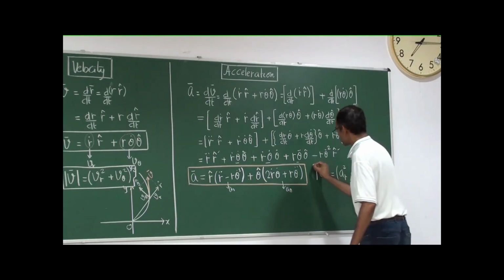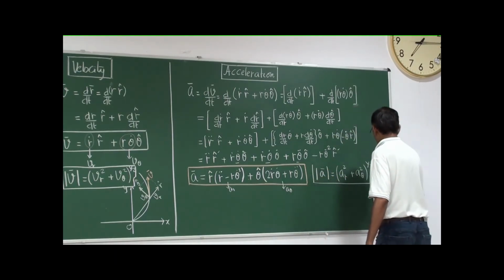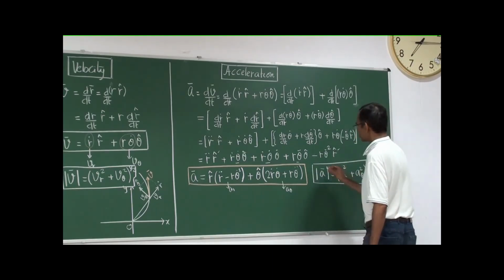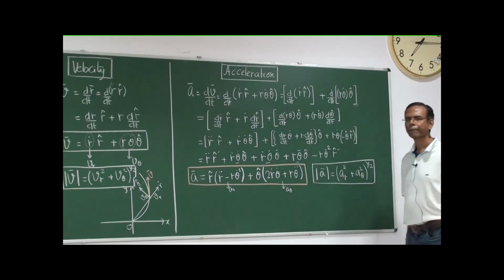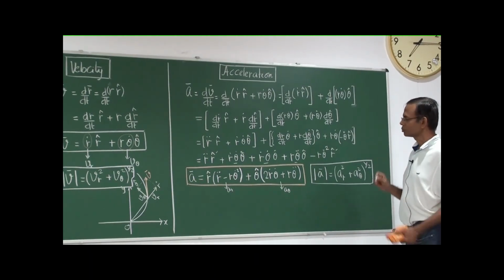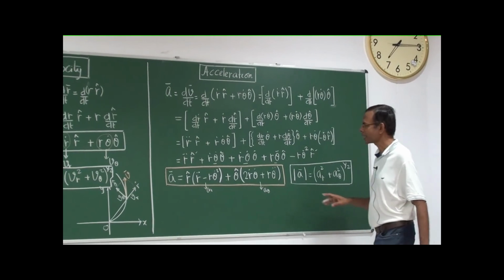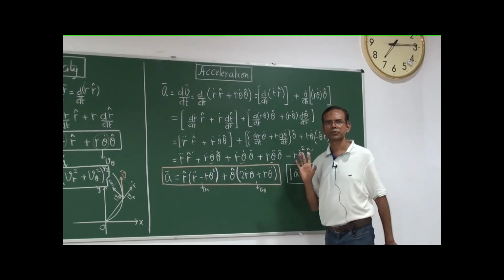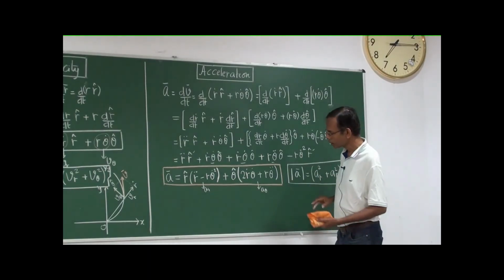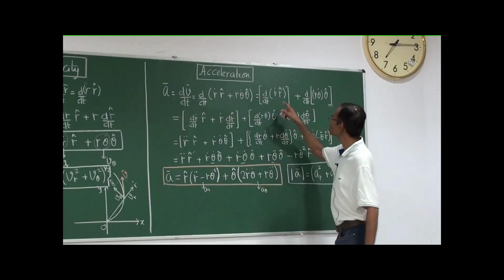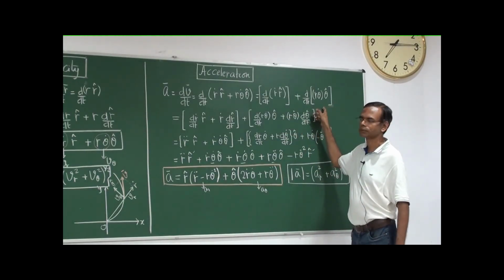This is also an important expression to calculate the acceleration. Is this clear to you? Okay. Now we have to understand the terms. Here this diagram will help us, and also this expression again will help us.